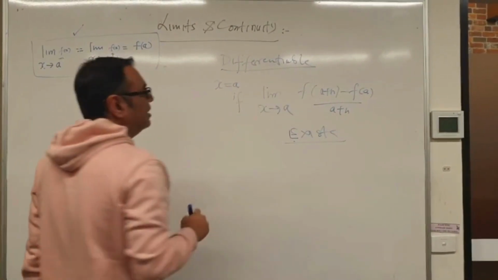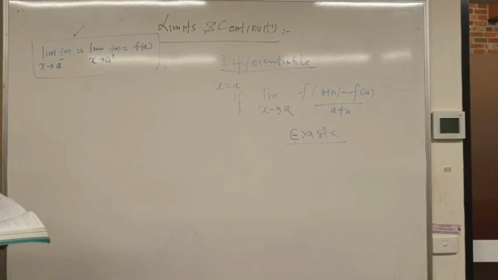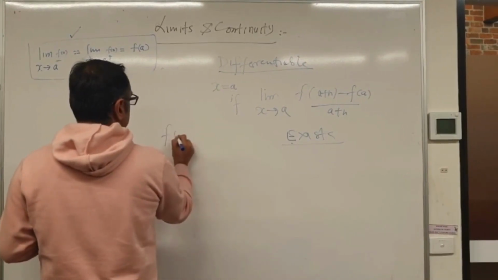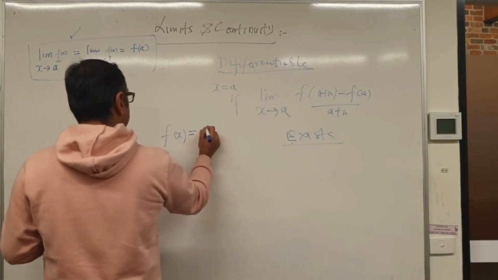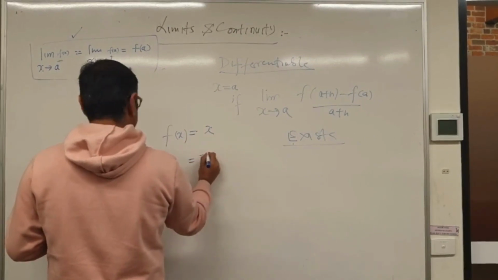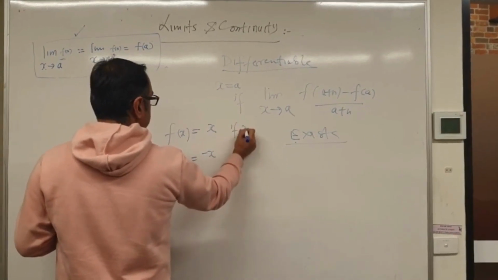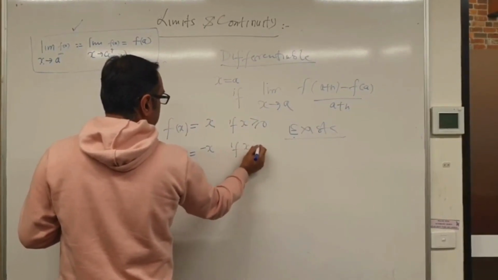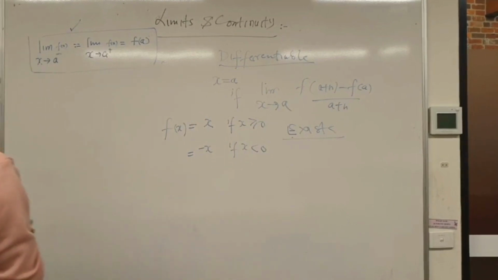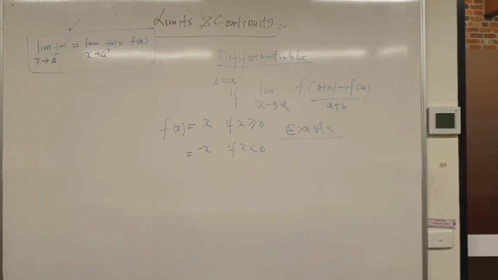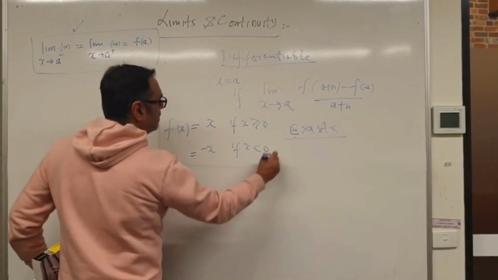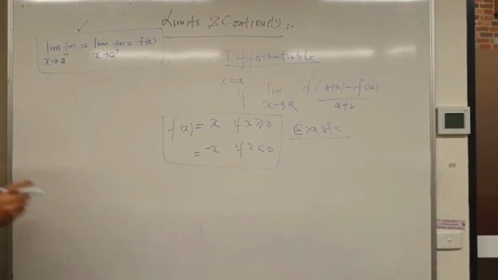Now let's take an example. Let's say my f of x is x if x is greater than or equal to 0, and minus x if x is less than 0. Is this function differentiable at x equals 0? Check the continuity.